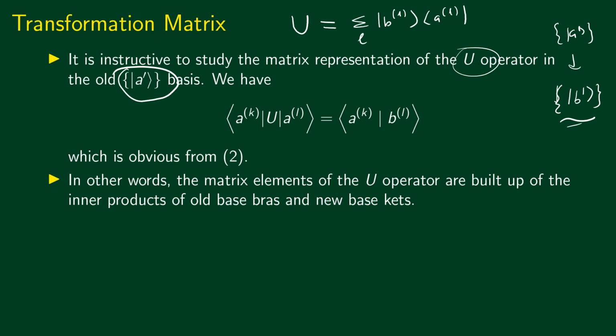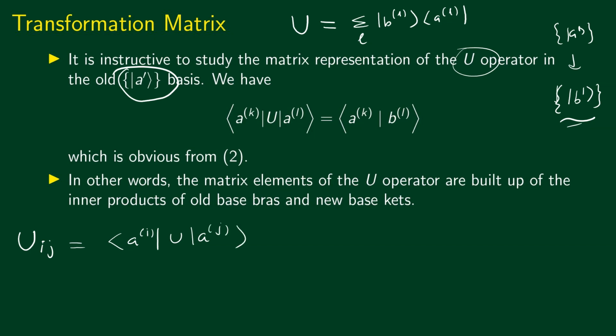This matrix that represents the operator U will be called the transformation matrix. Let's look at it in the old basis. Now we know how to find the matrix elements. The ijth matrix element of operator U can be written as bra Ai, U, ket Aj.